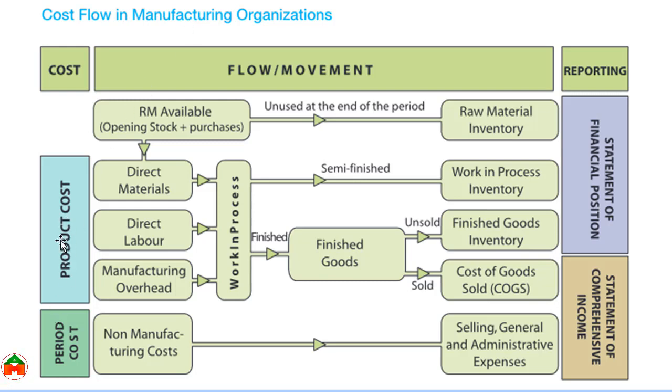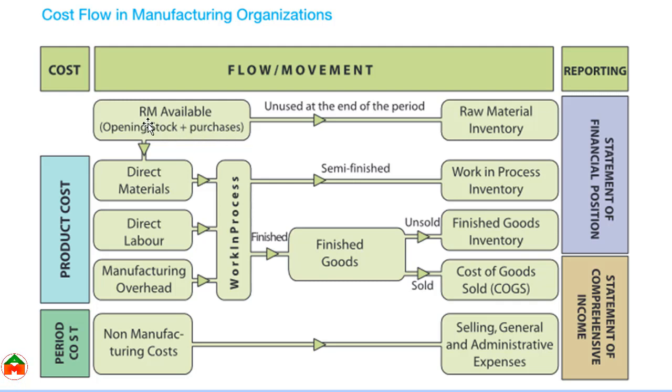We can see broadly there are two types of cost: product cost and period cost. In the product cost, we can see raw material, direct labor, and manufacturing overhead. In the raw material available, we show two items: opening stock of raw material and purchases of raw material.